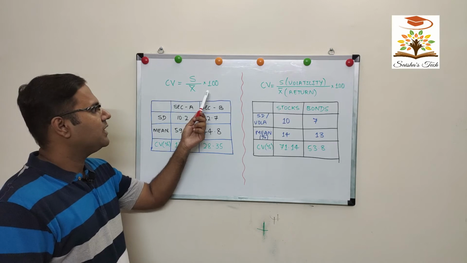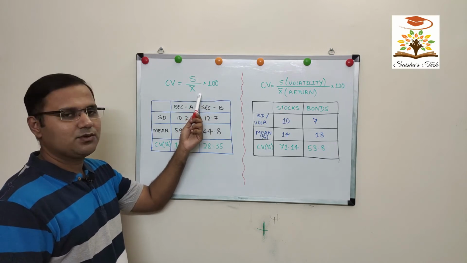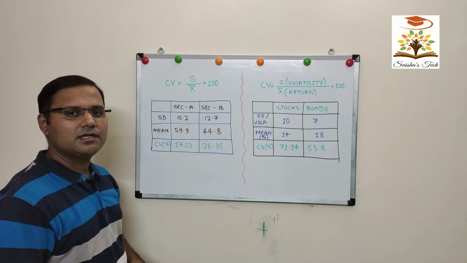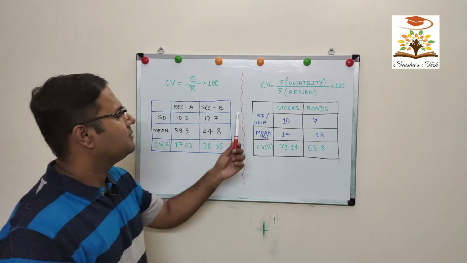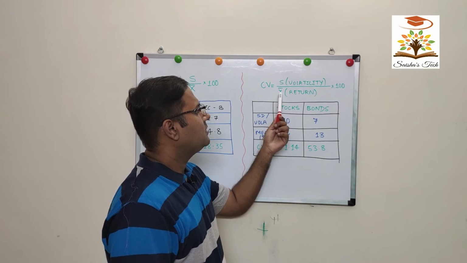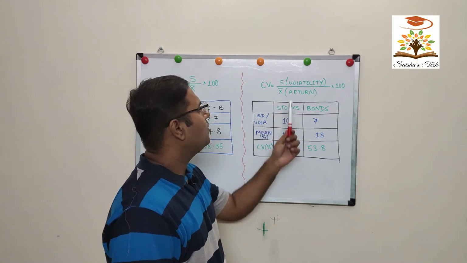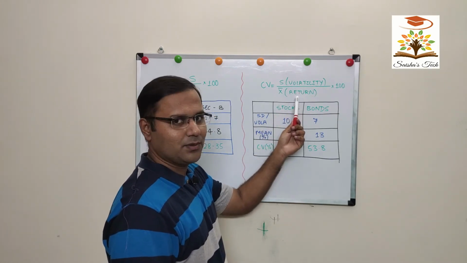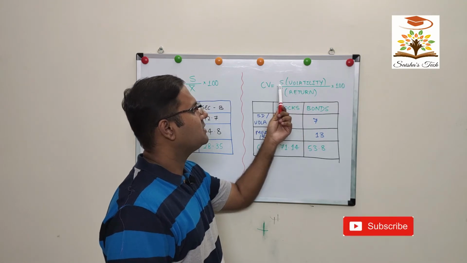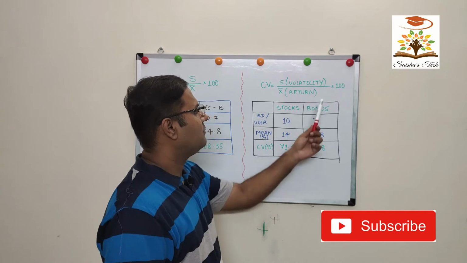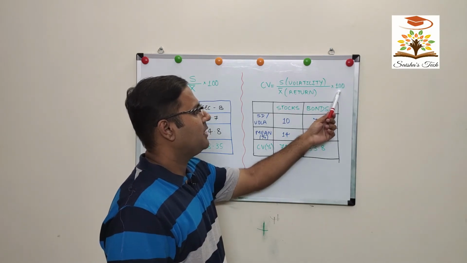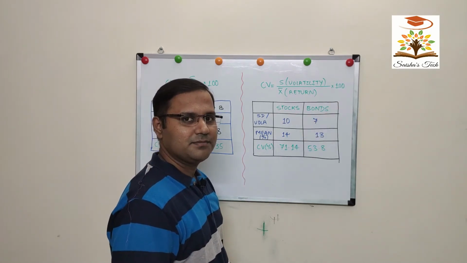In example 1, we multiply the ratio of standard deviation to mean by 100 to convert the coefficient of variation into percentage. Similarly, in investments, the formula is modified to volatility to return ratio. Here, volatility represents the standard deviation, and return represents the mean of the data, which is converted into percentage by a multiplying factor of 100.